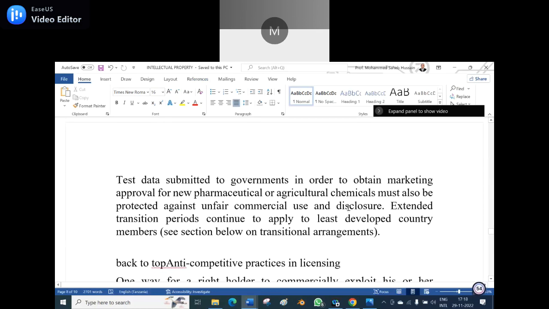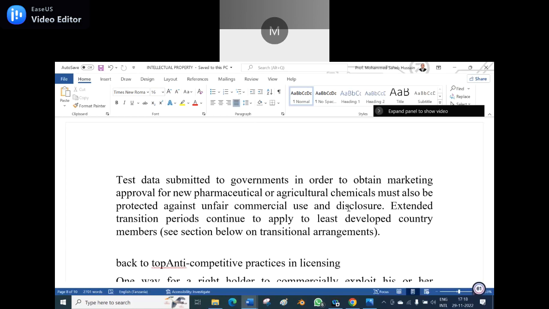Test data submitted to the government in order to obtain marketing approval for new pharmaceutical or agricultural chemicals must also be protected against unfair commercial use and disclosure. Suppose a person writes to the government for approval to market an agricultural product. The government gives permission if it has very few side effects, and hence one can use it.